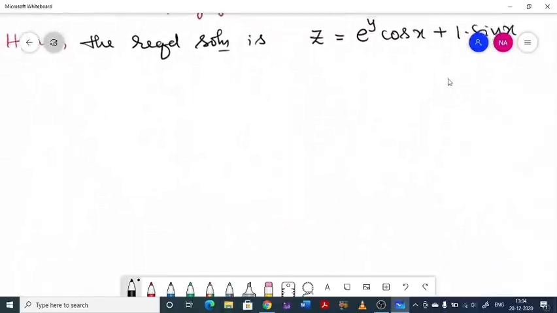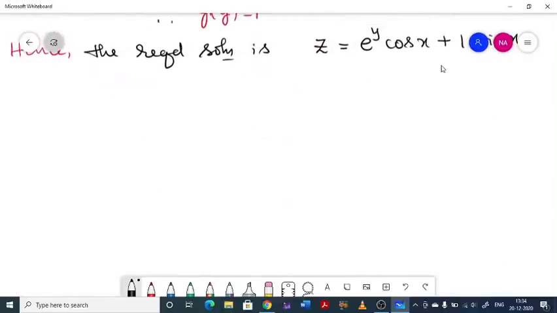Next, let us discuss one more. Problem B. Solve dou square z by dou x square. Here you have the variable y.